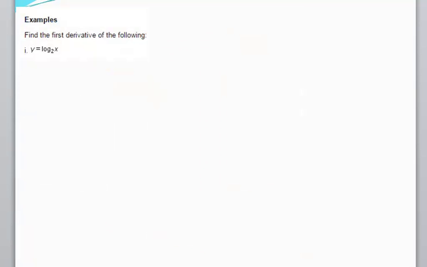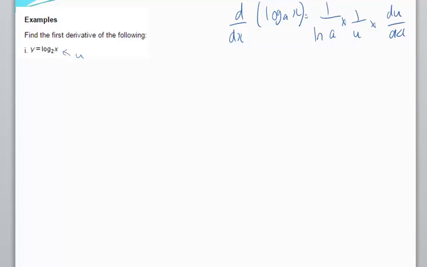So if we follow this one through, we're going to start here. We want to find the first derivative of y equals log 2 of x. So we're going to start by writing out our formula. d on dx of log a of u is 1 on our natural logarithm of a times 1 on u times du on dx. So this becomes our u is equal to x. u equals x, du on dx is equal to 1.